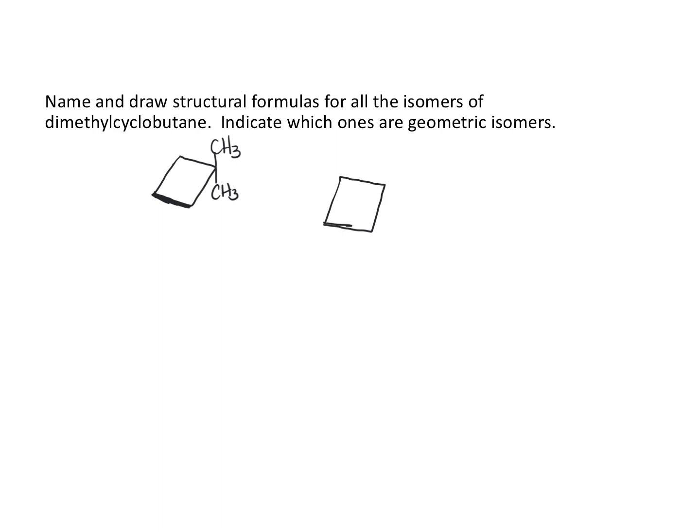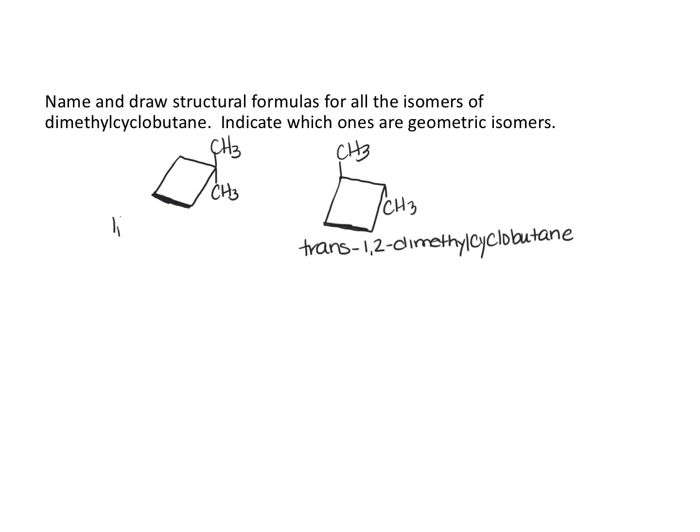We can also put these two groups on two different carbons, and one can be above and below the ring. And so, for example, this would be trans 1,2-dimethylcyclobutane.